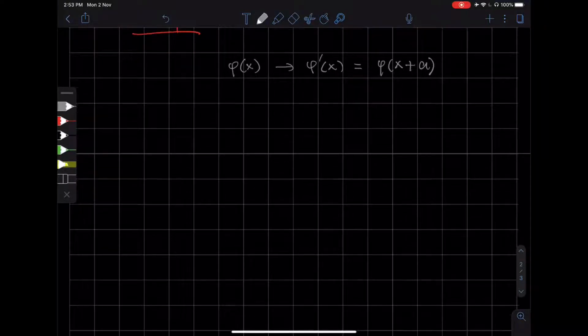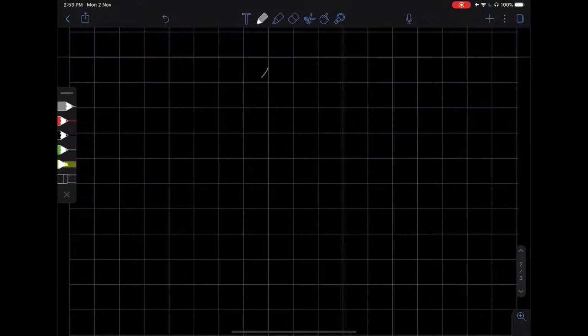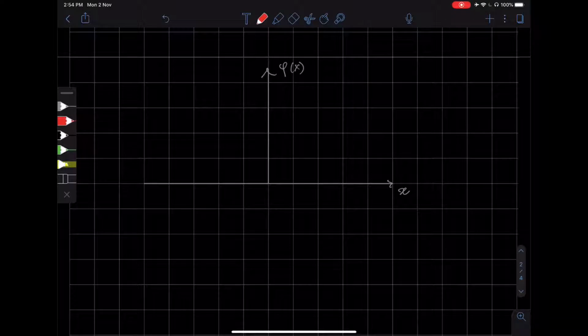Suppose we have a classical field. Along the x-axis is our space, or space-time, and along the y-axis is our field, phi of x. Now suppose that we introduce a new coordinate, which we're going to call x prime.